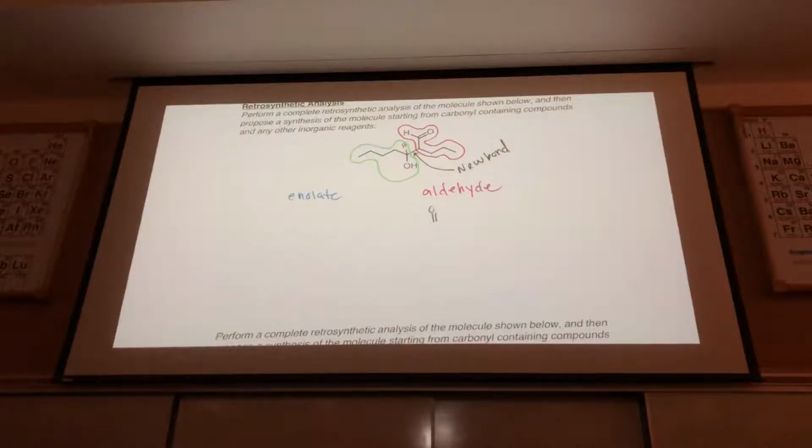So my aldehyde, let's see, so I have 1, 2, 3, 4, 1, 2, 3, 4. And because we've only really done self-condensations, it's pretty simple to write out the enolates, the same thing.